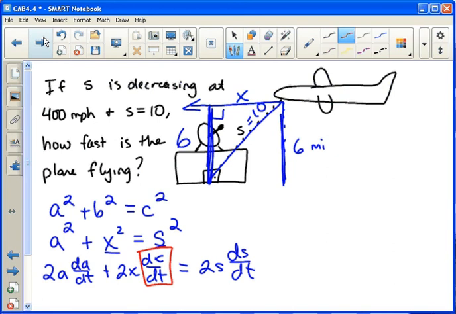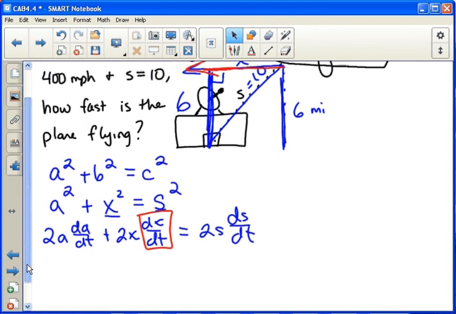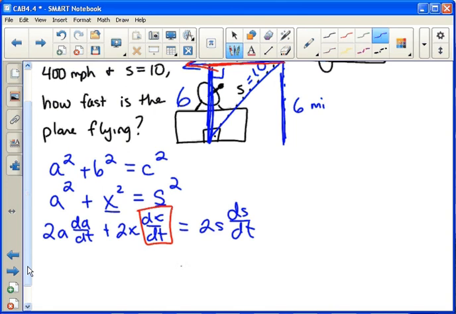Okay, so we are told already that s is equal to 10 and that the rate of change for s is 400 miles an hour. Actually it says decreasing, so we'll put negative 400 there.